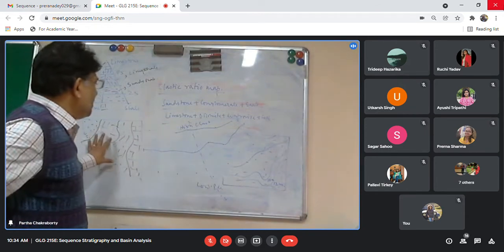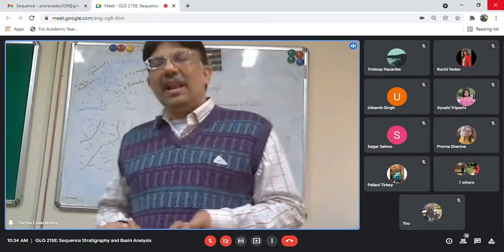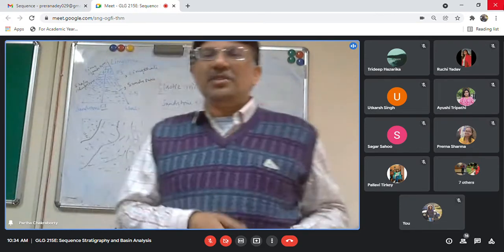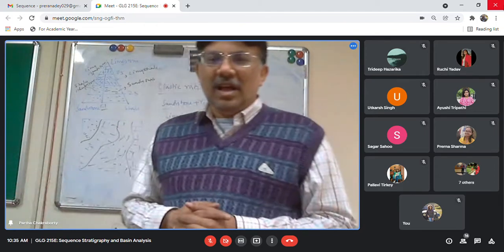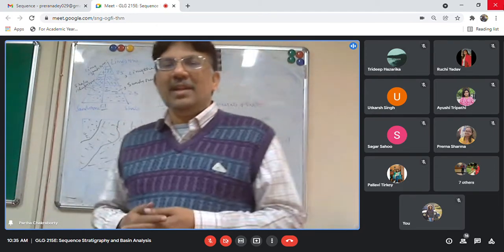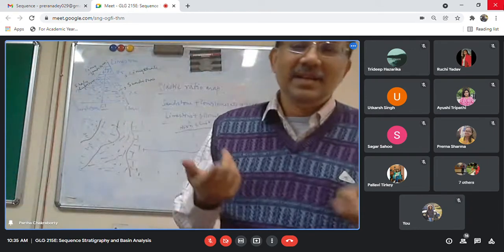So the lithofacies map or the clastic ratio map serve the same purpose. They allow us to understand what is the proximal part, what is the distal part, how the different lithologies are being distributed, and what their mutual relationship is.